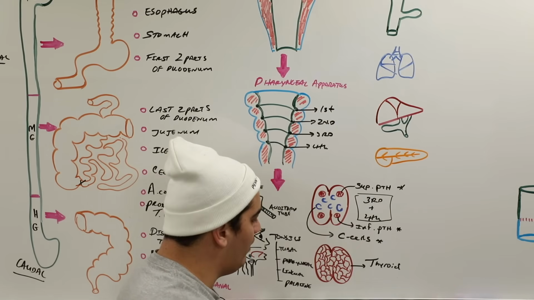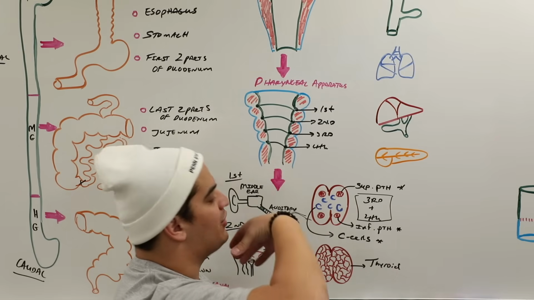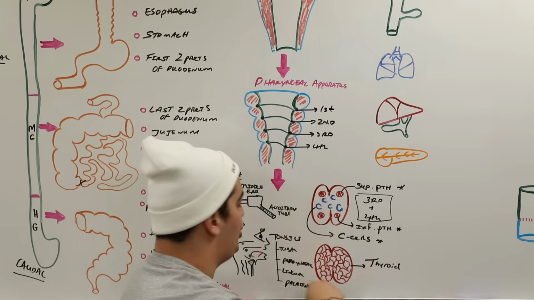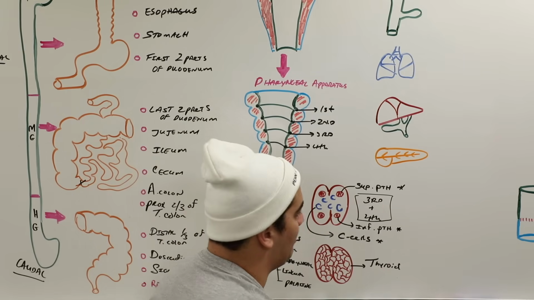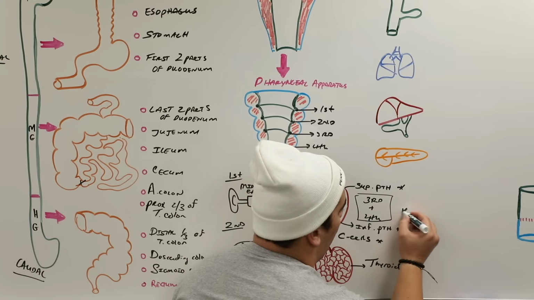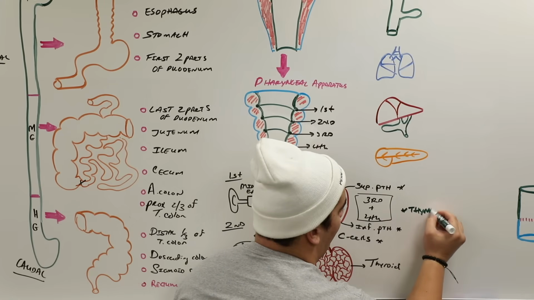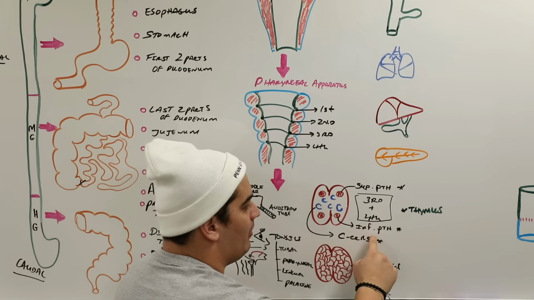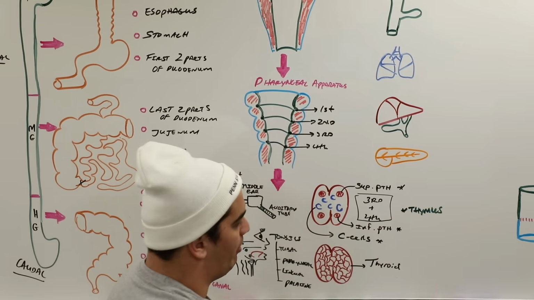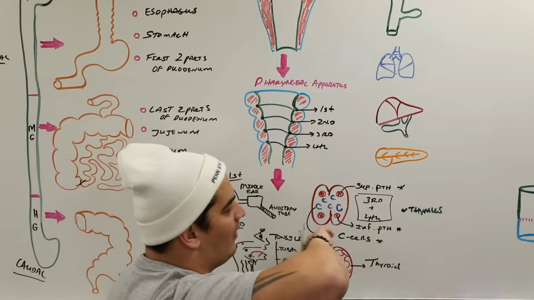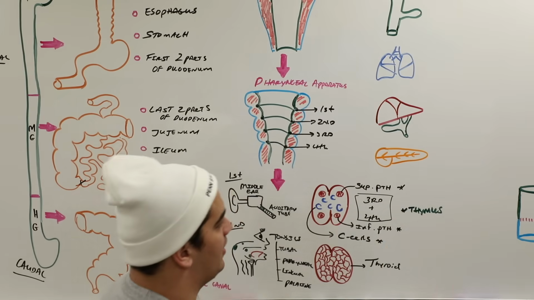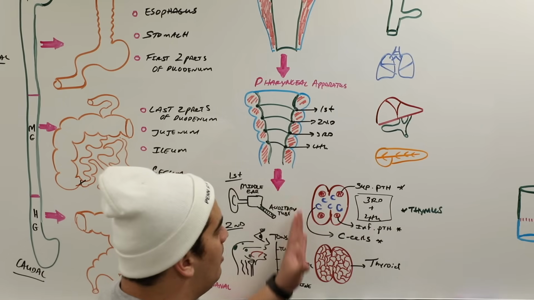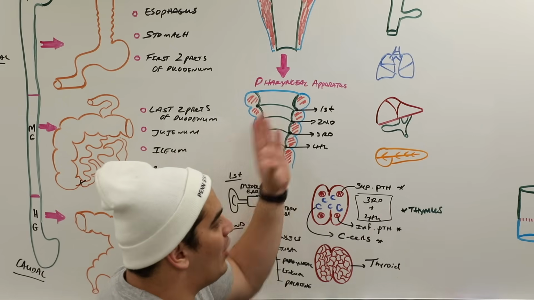There is another one, if you want to remember this, that actually starts in the neck and then moves down into your chest. It's called your thymus gland. So if you want to add in one more, don't forget about that good old thymus. But these are all derived from your third and fourth pharyngeal pouch. The thyroid is derived from a budding off of the primitive pharynx. All right, but these are the things that are derived from parts of your pharyngeal apparatus.